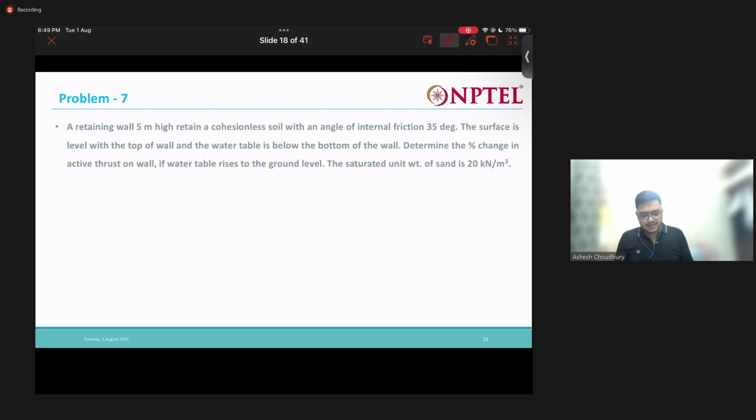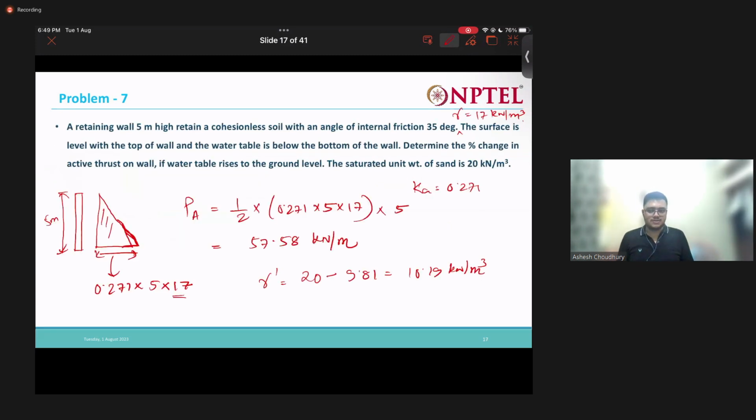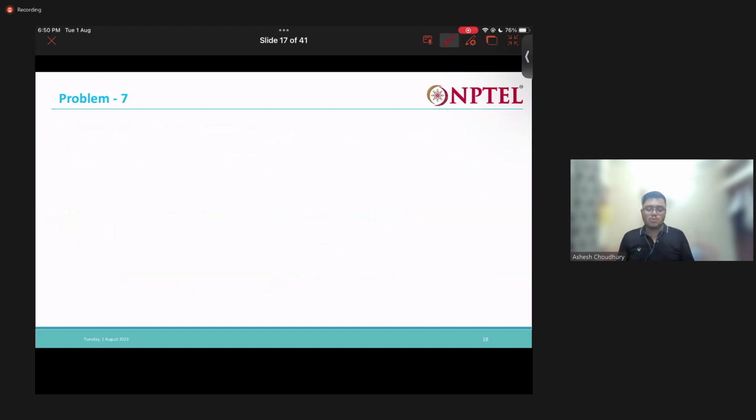So initially, in dry condition it was just 57.58 kilonewton per meter, the total active thrust. But as this backfill soil got submerged, it increased to 154.